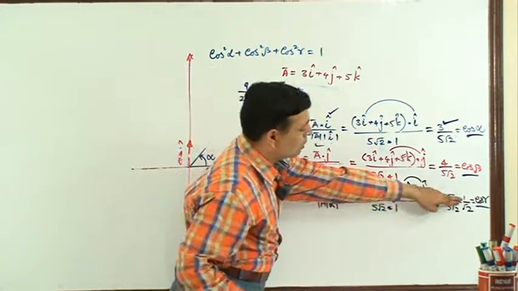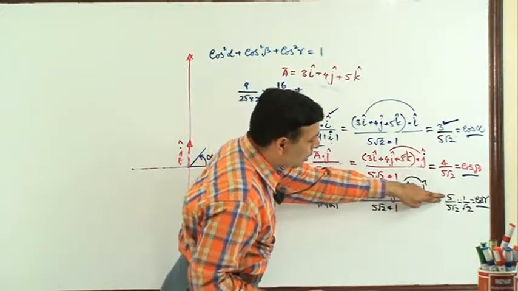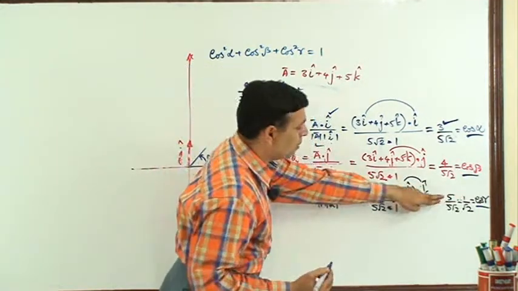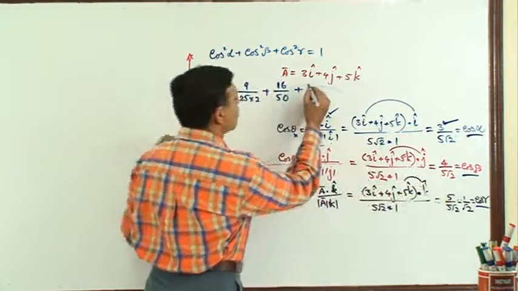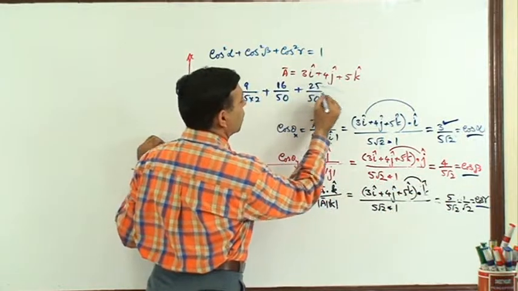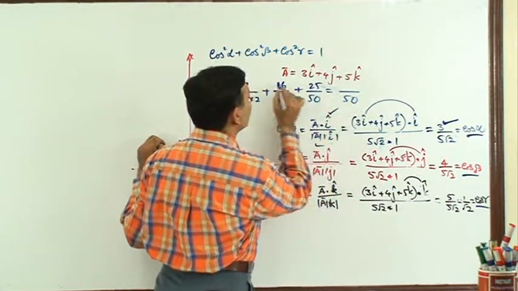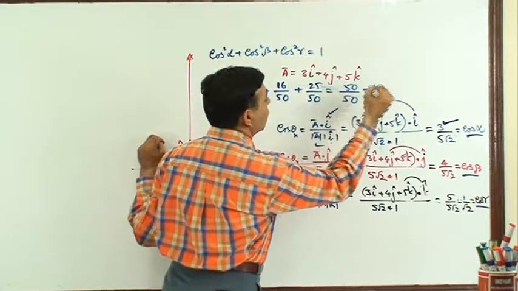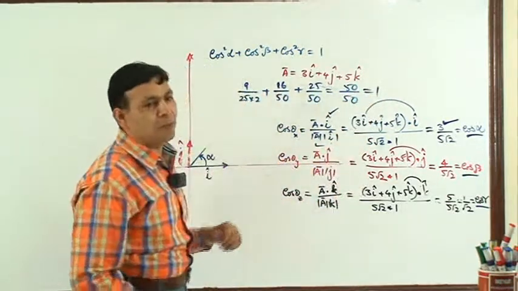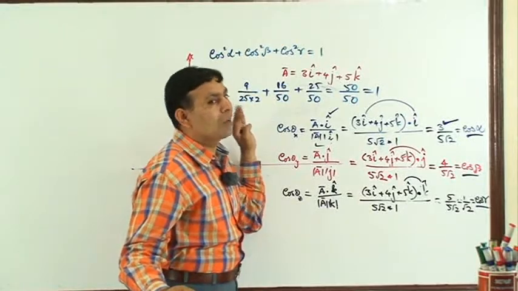And this 1 by 2, you can square and write 25 by 25 into 2, that is 50. You can take LCM as 50, and when you add up the numerator you have 50, and that is 1. I am showing this for a specific example, but it is in general valid for any vector.